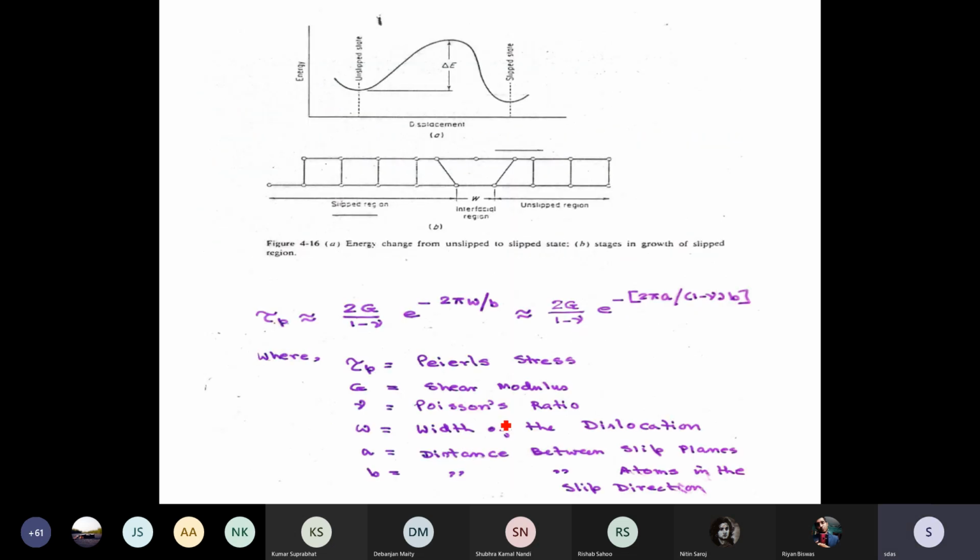Now, we'll introduce you to a new concept. How much stress is required to move a dislocation from the interior of a crystal to its surface? After a gentleman named Peierls, this stress is tau p.